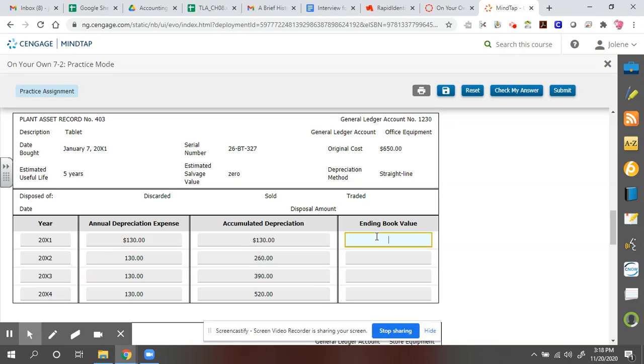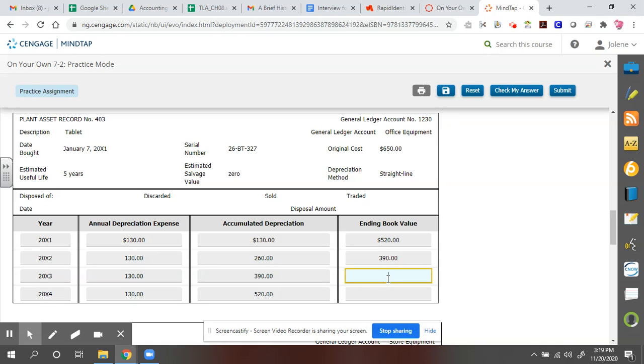Now it's asking, in this last column, ending book value. So at the end of the first year, 650 minus 130, right? It was worth 520 at the end of the first year. Now you take another 130 off.